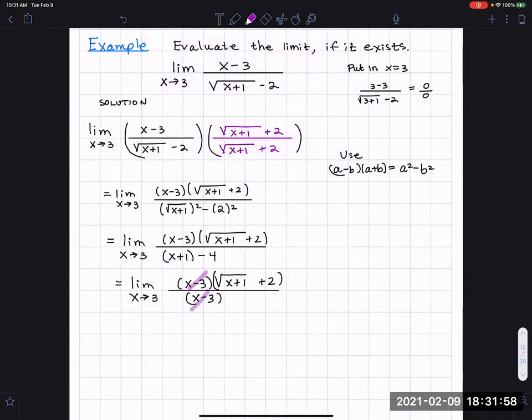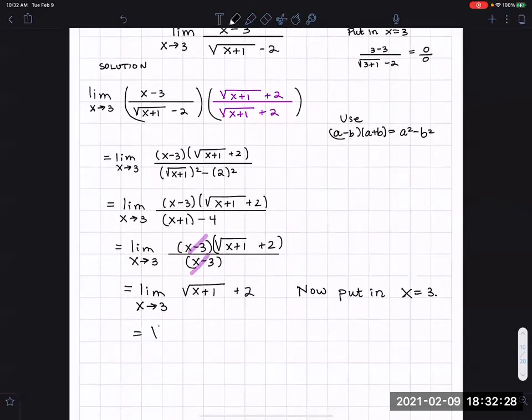Now, once they cancel, I can plug in 3, because that x minus 3 was the problem. Putting in 3 gives 3 minus 3, which is 0 in the denominator, and we can't divide by 0. So I'll just copy this down so it looks nice, but we're almost done. Now put in x equals 3.